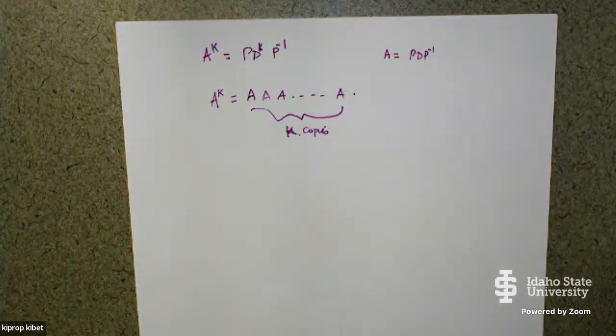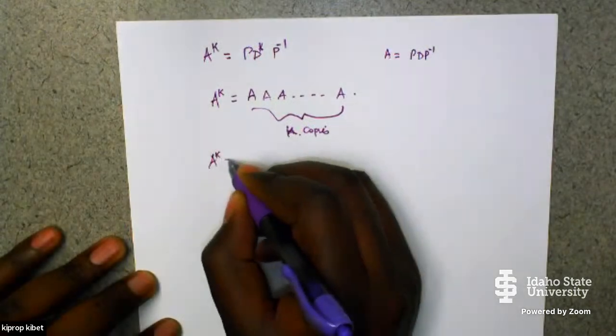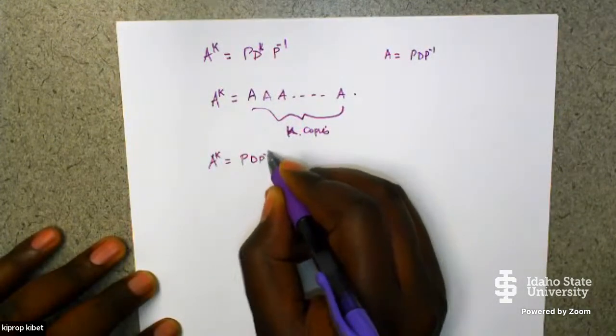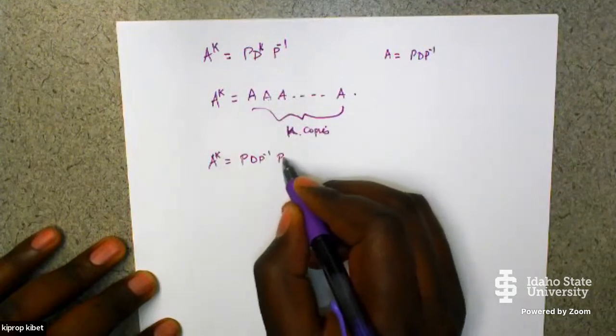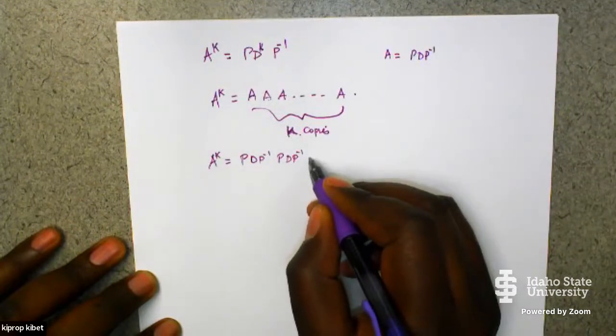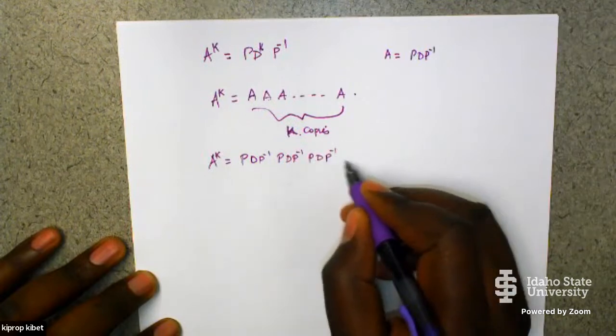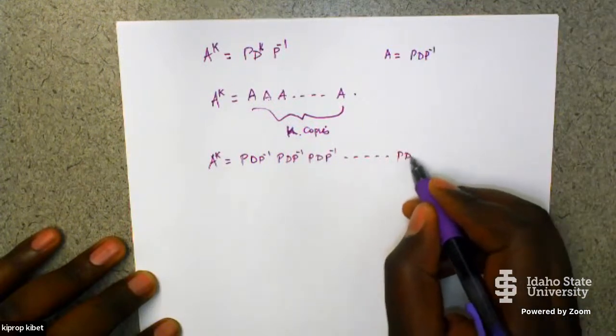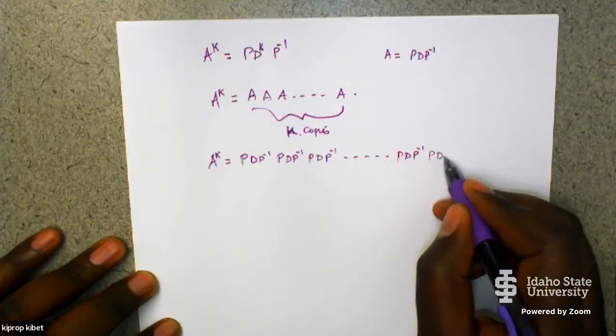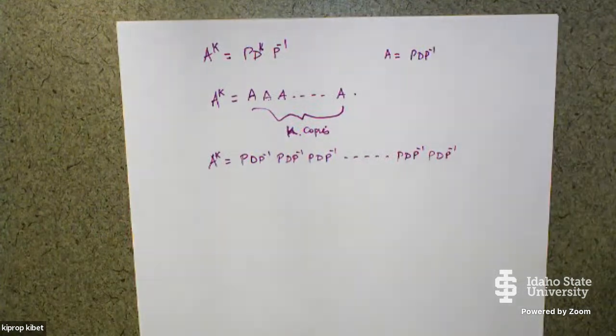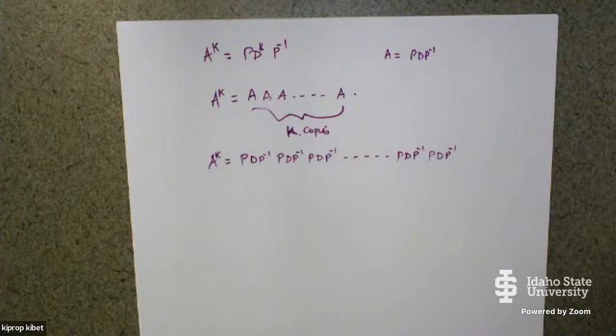So then A^k equals PDP inverse multiplied by PDP inverse multiplied by PDP inverse, and you continue like that, up to k copies. So this is A, this is A, this is A, this is A.